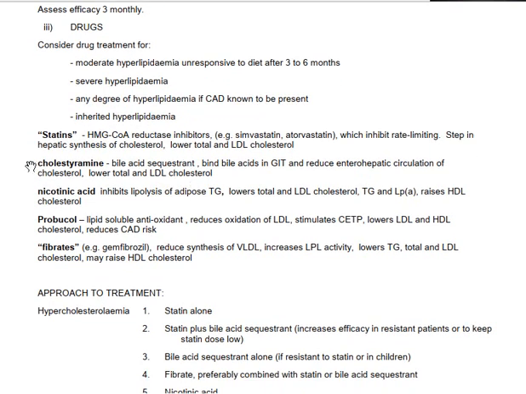Now the next one is nicotinic acid, which is also vitamin B3. It's going to inhibit lipolysis from the adipose triglyceride. In adipose tissue, triglyceride usually undergoes lipolysis for production of fatty acids, which can be mobilized. Is it clear?